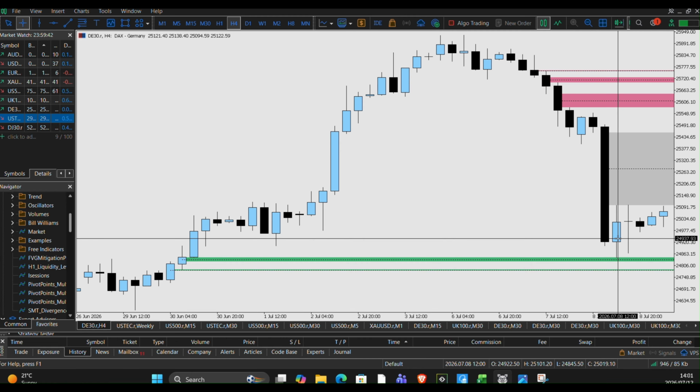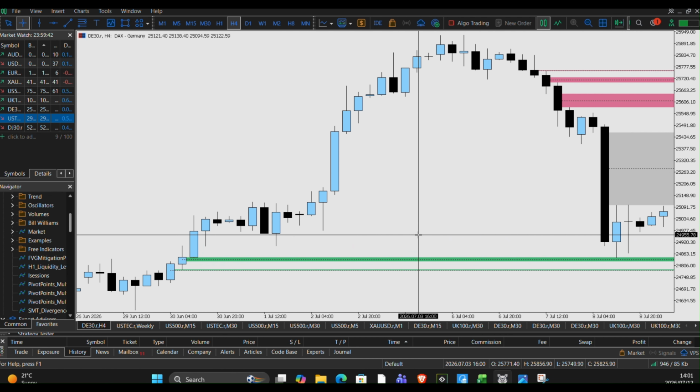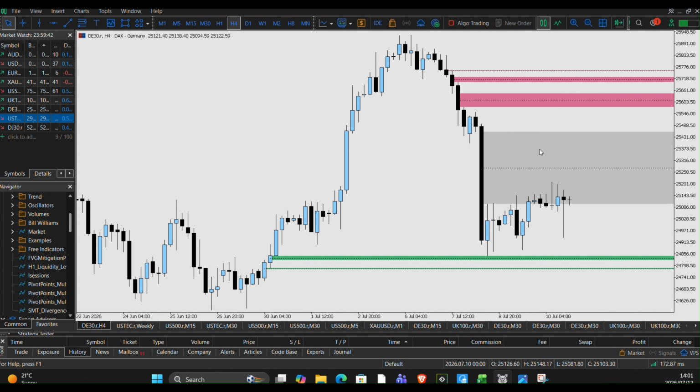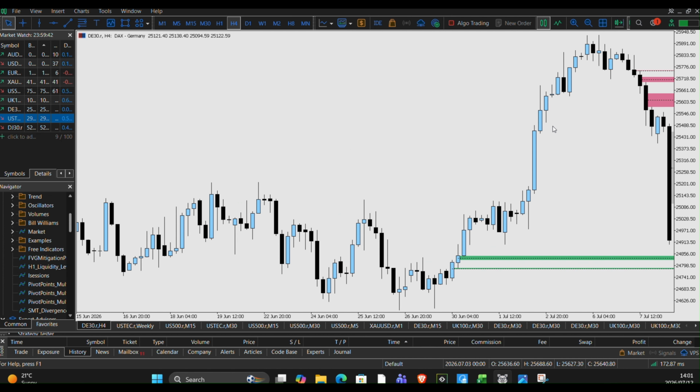Therefore, it did not wick into that fair value gap, and it was not mitigated or partially mitigated. Therefore, it has not turned gray. So we only have one partially mitigated fair value gap here.